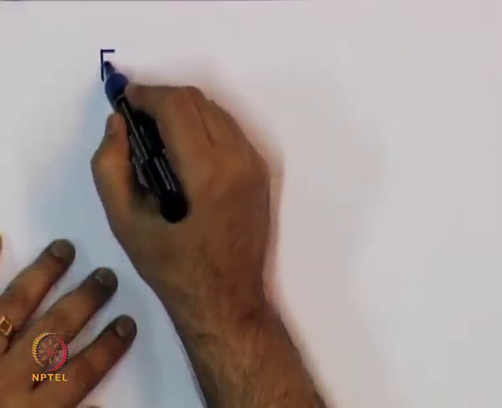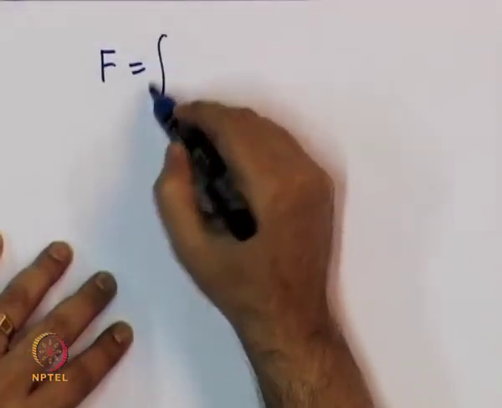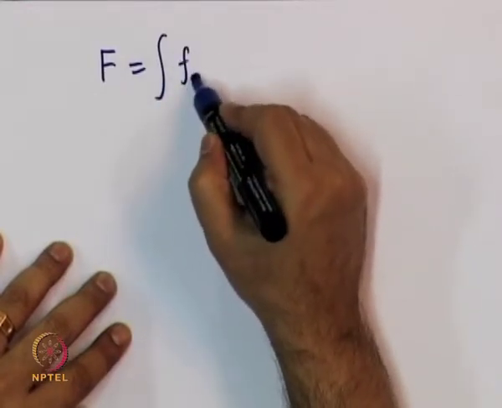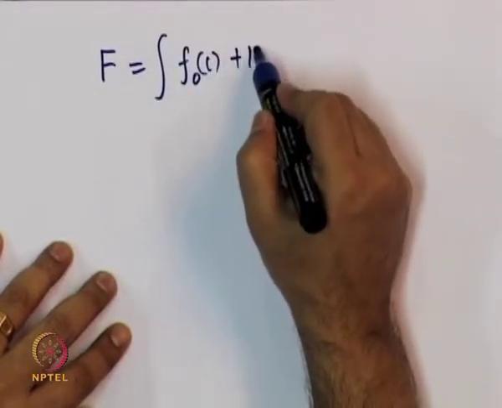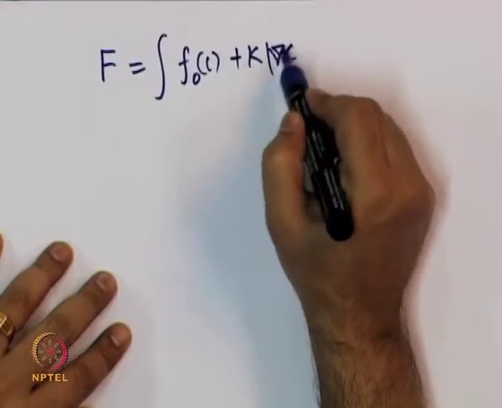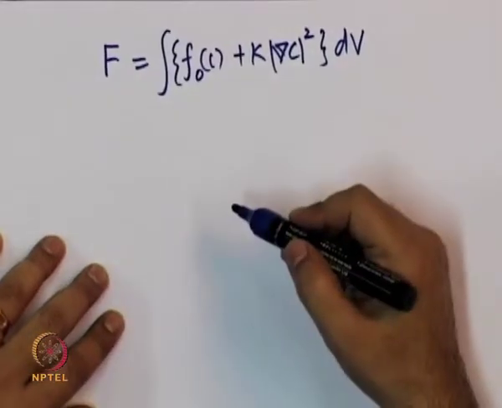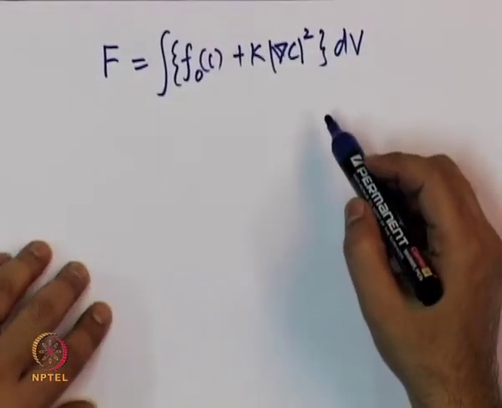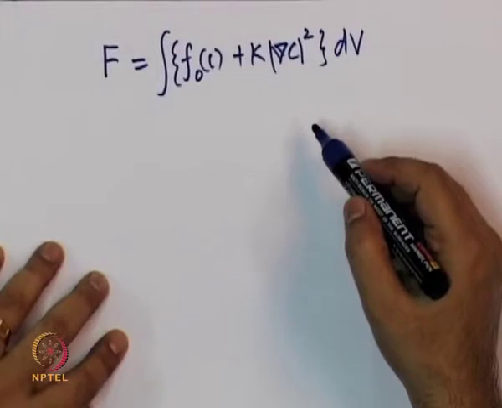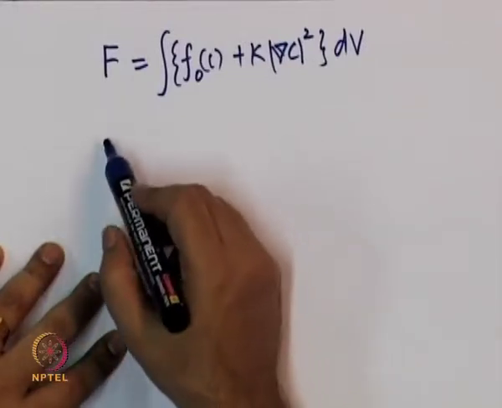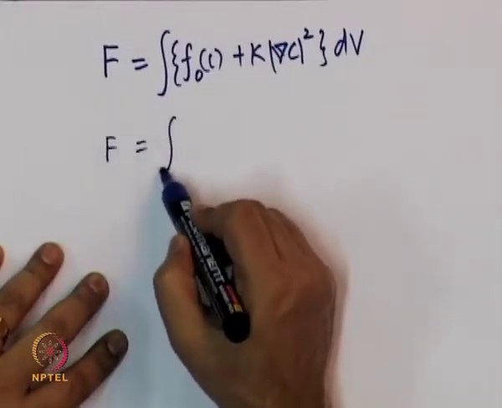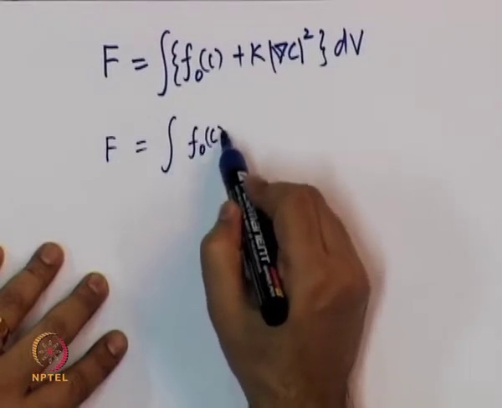So let us start with the free energy functional with which we started. This is the free energy functional. Now, I am going to write this for the one dimensional case. So, F is equal to the integral of f0 of c plus kappa (dc/dx) whole square dx.